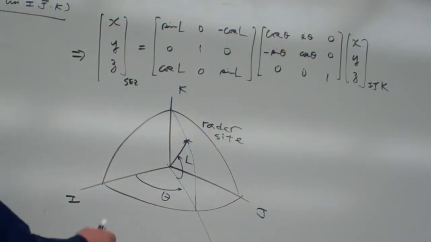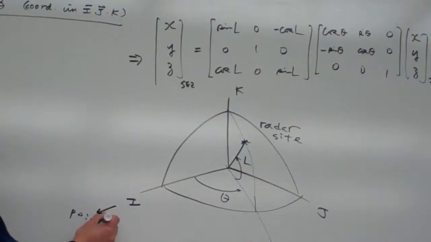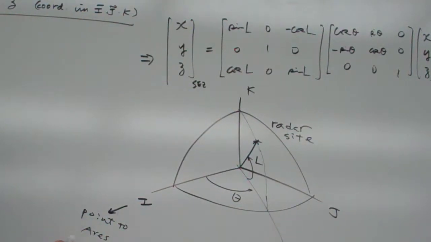Theta here is an angle that is measured from the I-axis. And this I-axis, if you remember from the very beginning, is pointing to the first point of Aries.